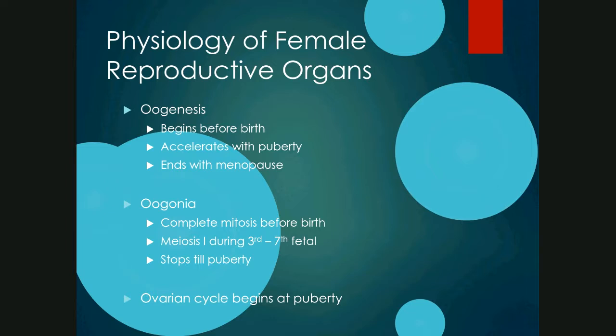Today we're going to focus on the oogenesis process, which is the process of creating the secondary oocytes that the female releases at ovulation. When we look at oogenesis, you need to understand it has similar components to what the male had.